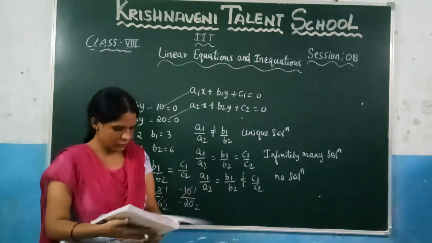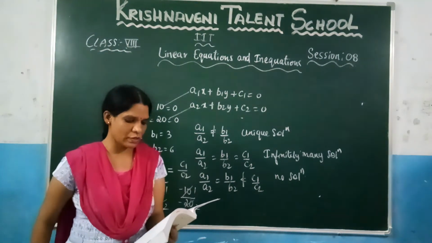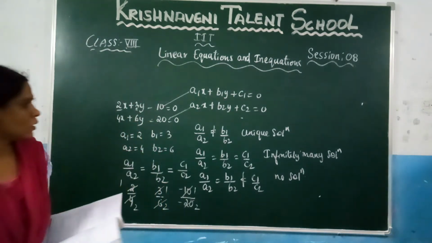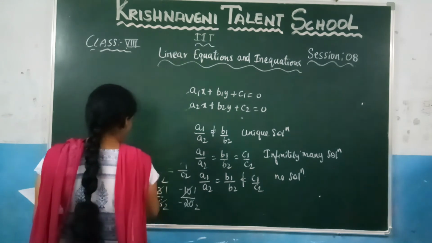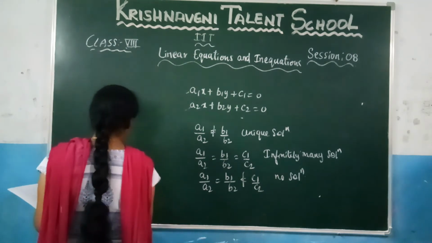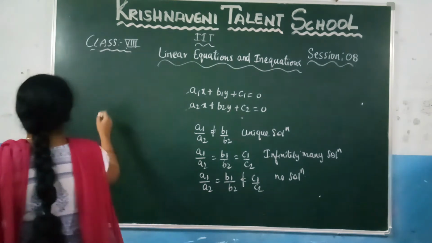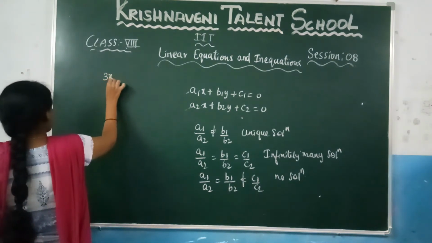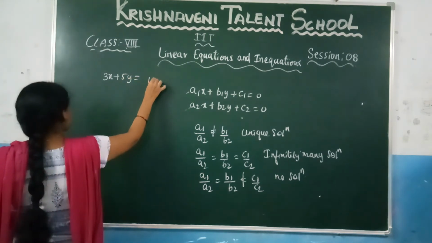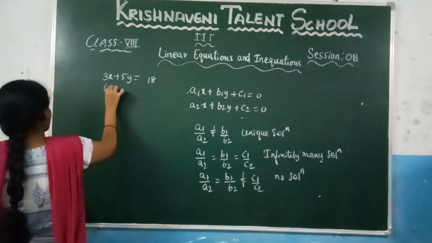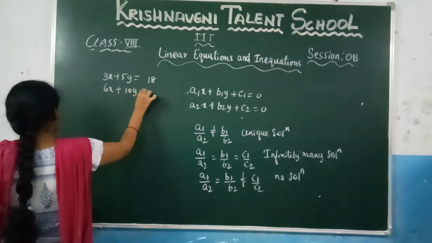Now this is the one they have given, and let us see one more example that is also given. Let us see that one also. So here they have given 3x plus 5y is equal to 18, 6x plus 10y is equal to 40.